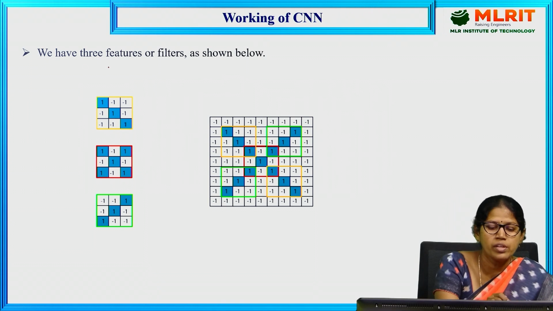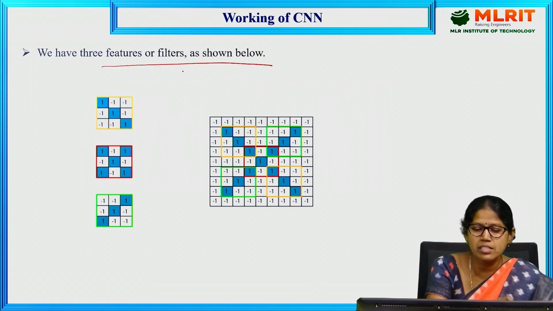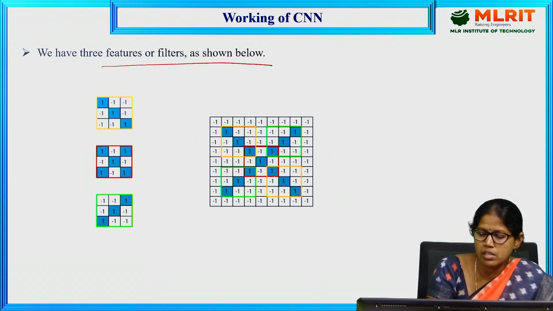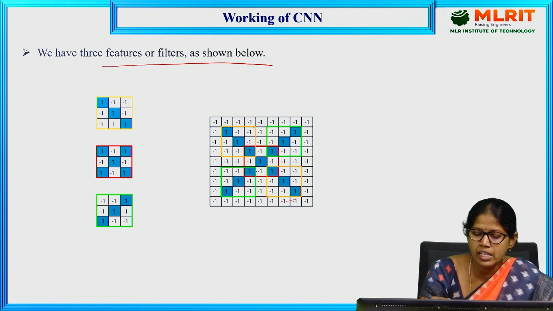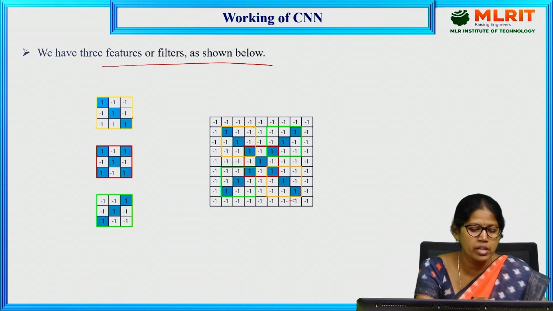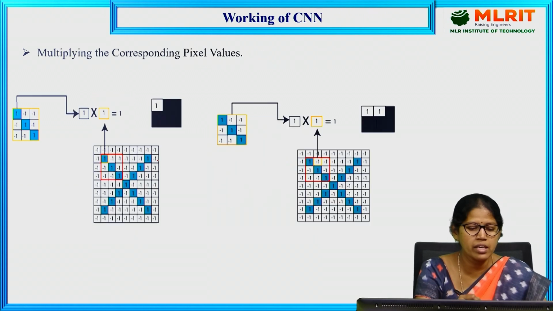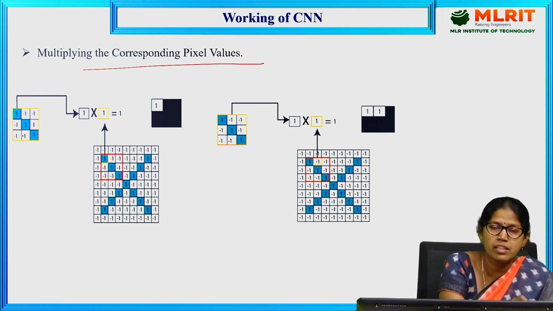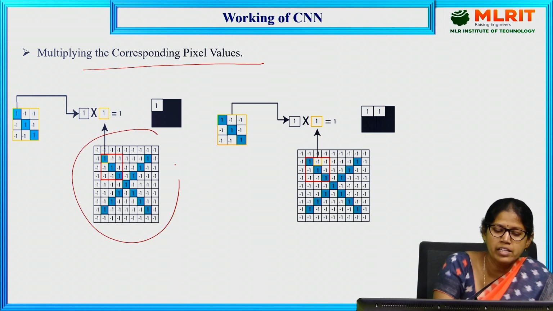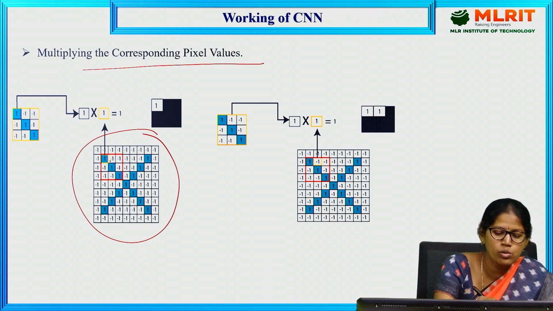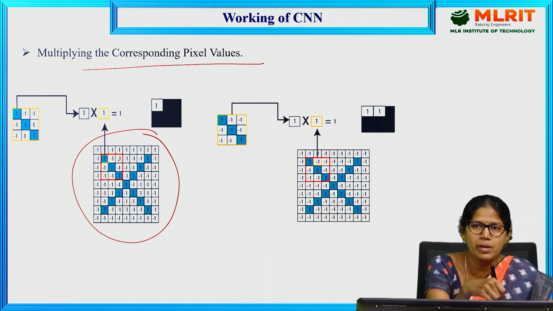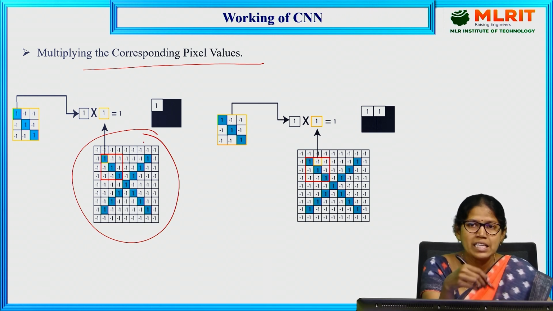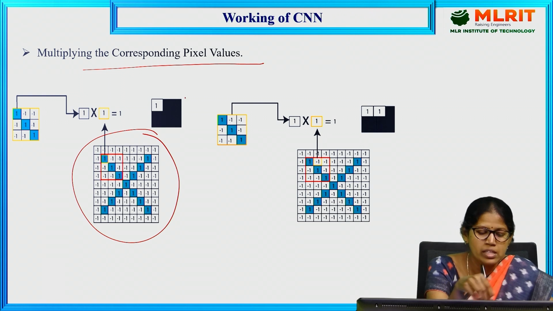Okay, so we have three features or filters as shown below, differentiated by colors, this one, green and red also. Here we are taking three filters, multiplying the corresponding pixel values. First take the first filter and slide over the entire image. Then 1 into 1 plus -1 into -1, in such a way, multiplying and summing the entire region.